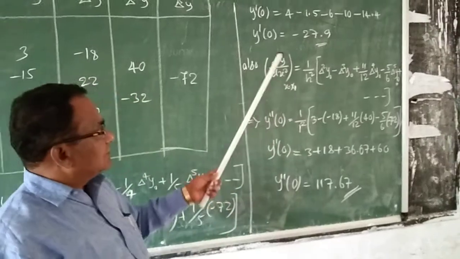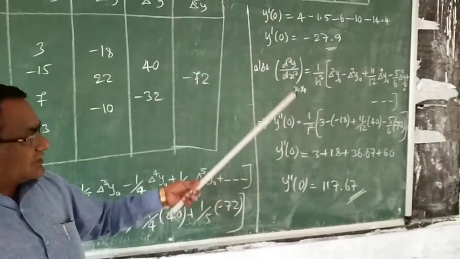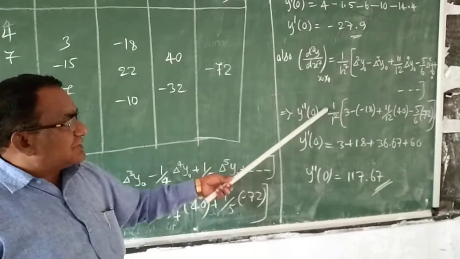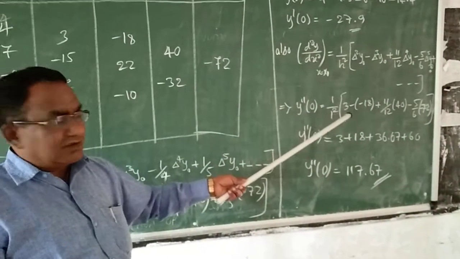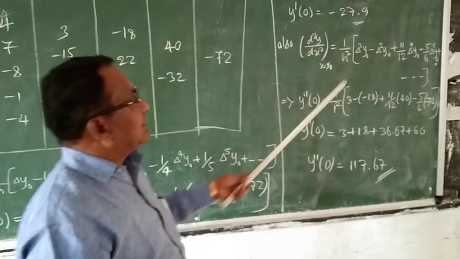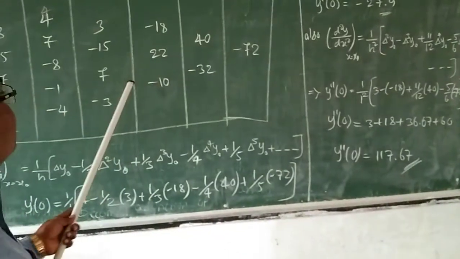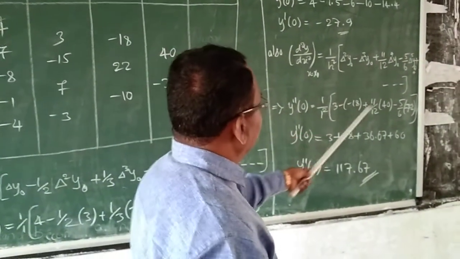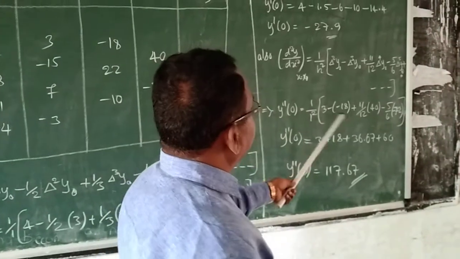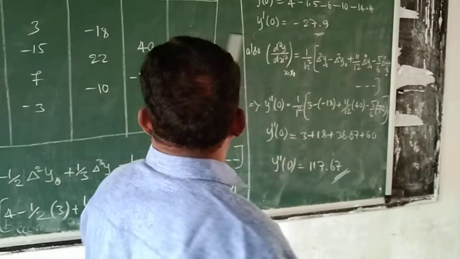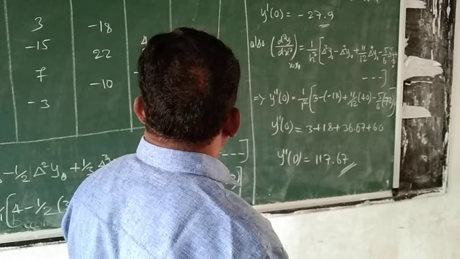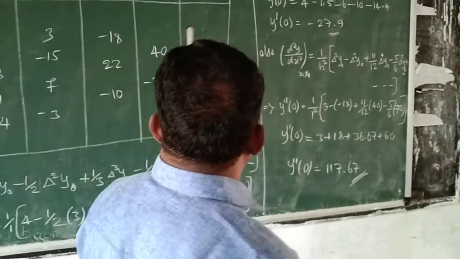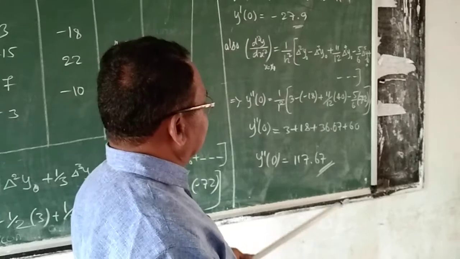Yes, the second derivative y double dash at x equal to 0 is denoted by y double dash 0, which is 1 over h squared, 1 squared, into delta squared y naught is 3, minus delta cube y naught is minus 18, plus 11 by 12 into delta to the power 4 y naught is 40, minus 5 by 6 into delta to the power 5 y naught is minus 7.